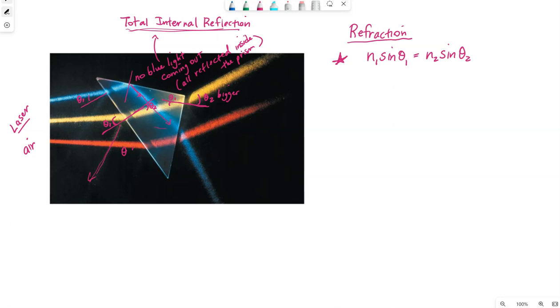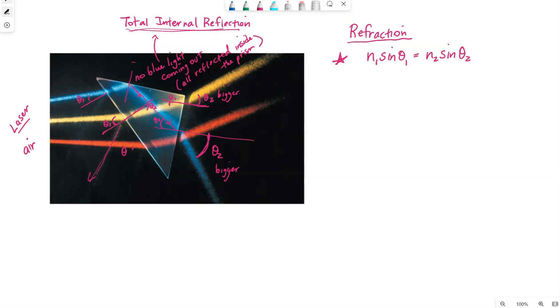If we were to draw a normal line here, we have this incoming angle, a theta 1, and then this outgoing angle, theta 2. And this theta 2 is bigger as that light goes out, again, because the index of refraction of air, where the light is entering into, is smaller, so the angle gets bigger.